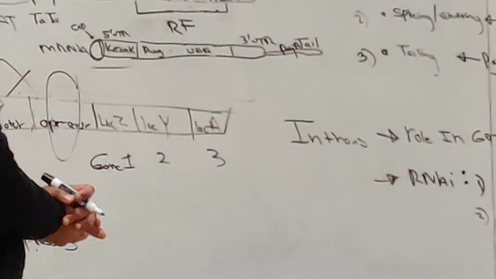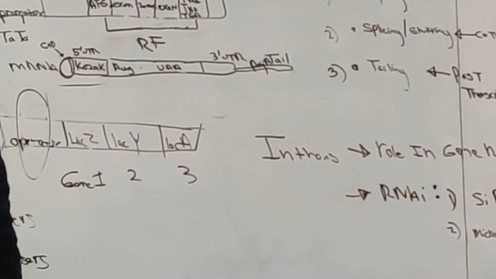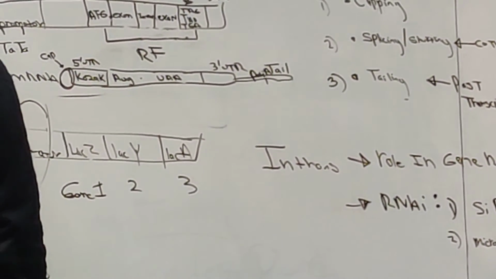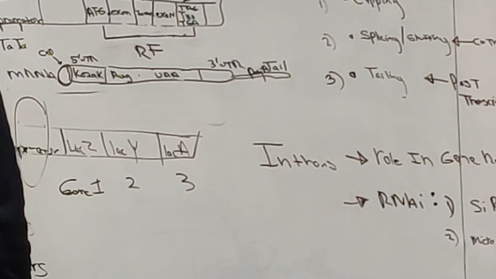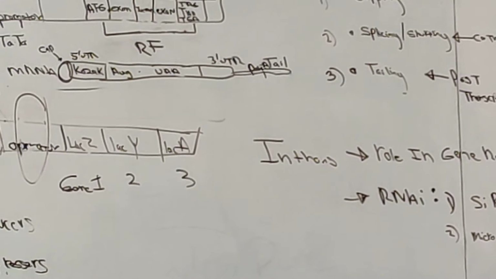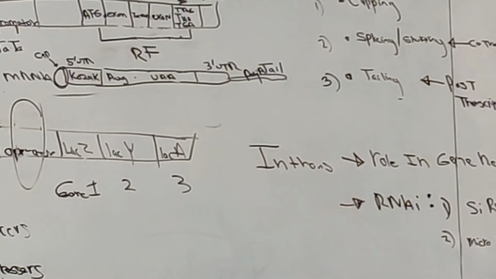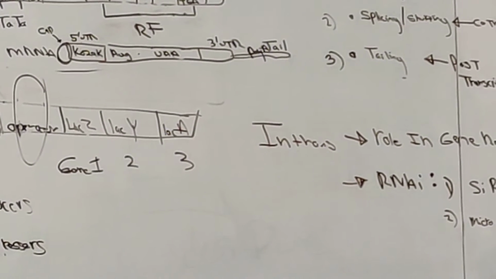The promoter is TATA. And upstream of TATA is what? But there's only like 10 base pairs or something between TATA and the start codon, no? Mm-hmm.